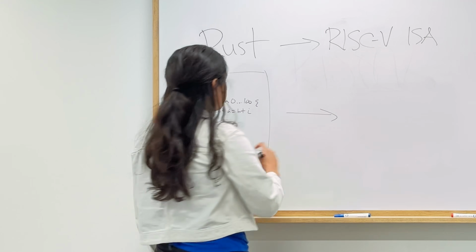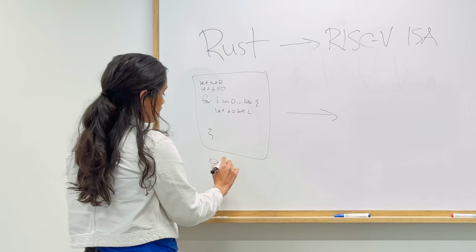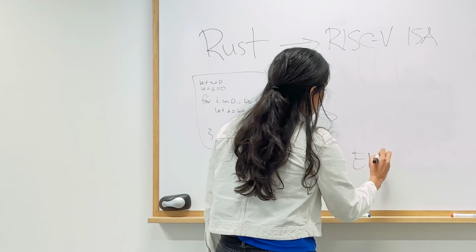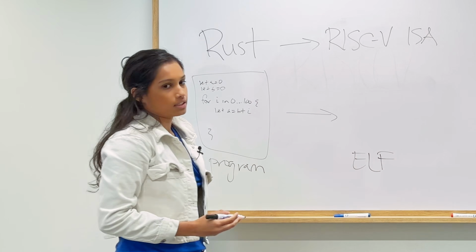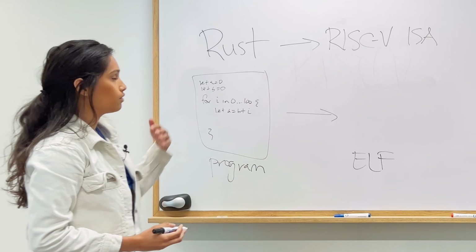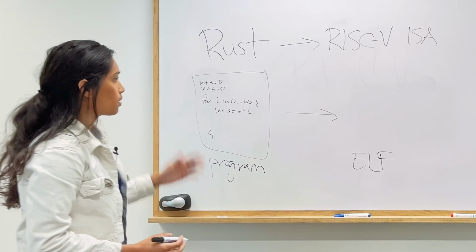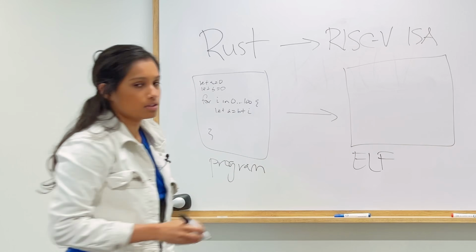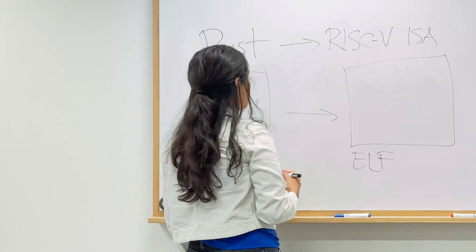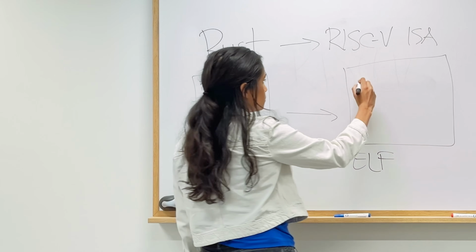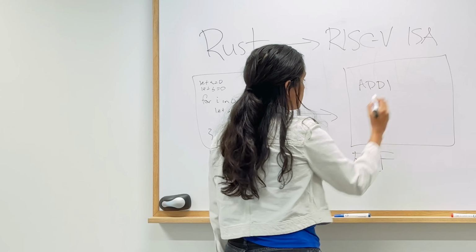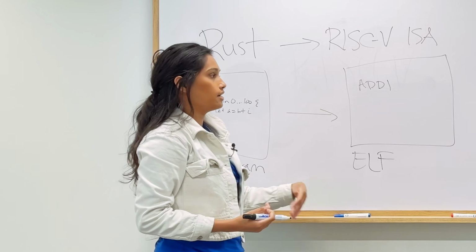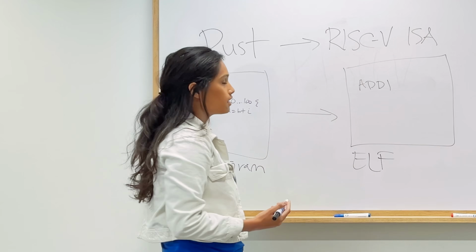So your program over here turns into something called an ELF. And the ELF is basically the series of RISC-V instructions that your program gets compiled into. So for example, you could have a really simple program, and I'm just going to have a few instructions here. One of the standard instructions is add, and in this case, addi stands for add immediate.